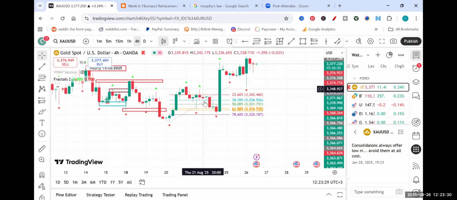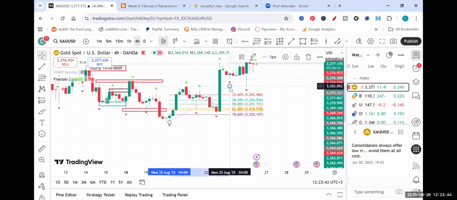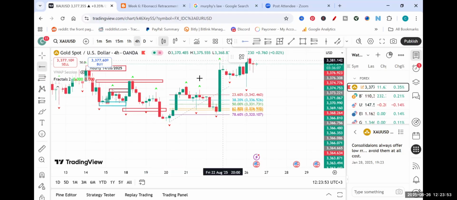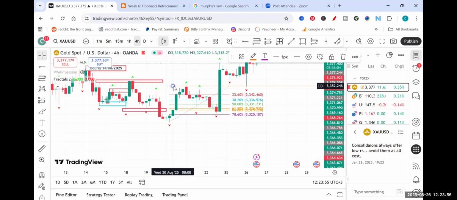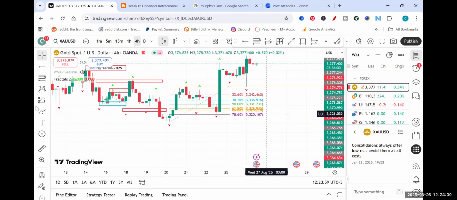It attempted first time here, came back, came to this level, and then shoop, it went up and offered us support at this higher level. Remember that aspect of support and resistance flip? It happened right here where I'm pointing. Let me draw it for you so that it makes sense. This was a resistance level, but it flipped to support.